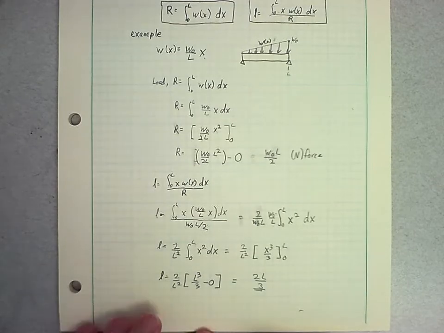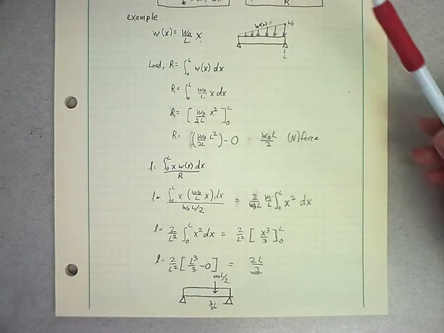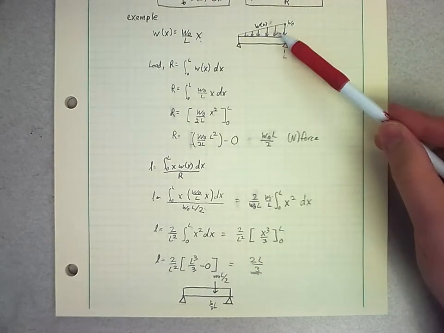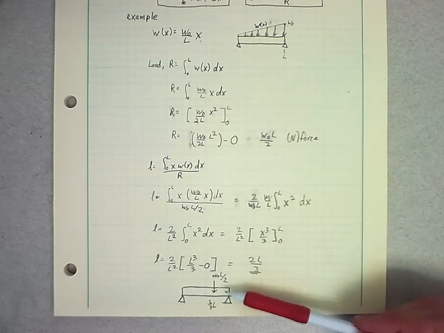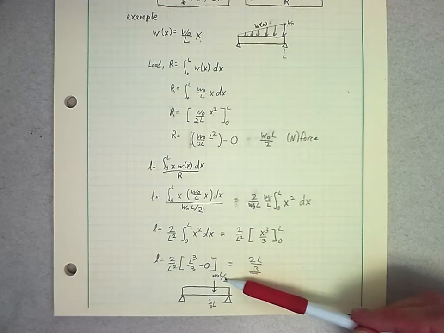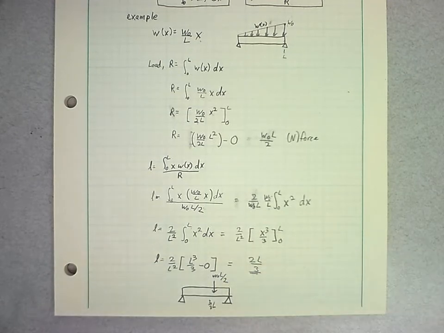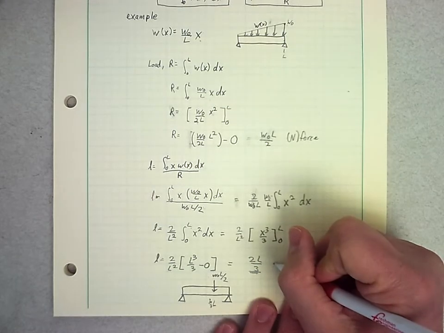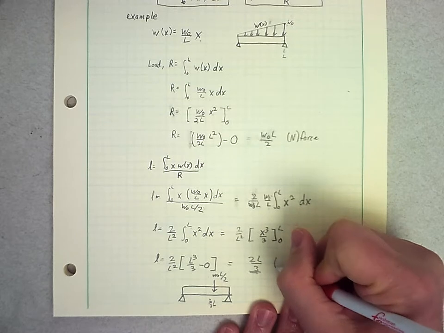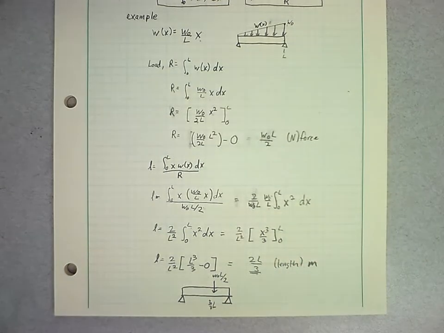So if I wanted to redraw that, what it essentially looks like is this. That distributed load that went like this can be described as a single force of W0 times L divided by 2, applied 2/3 down the length of the beam. And notice, if I didn't mention it before, that this is a length, and so it's going to have units of meters.